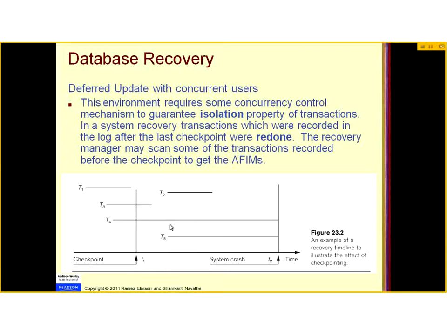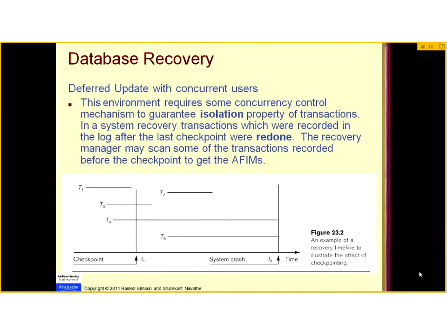We require some concurrency control mechanisms as well, because in case of concurrent users, we want to ensure the isolation property of transactions as well. In system recovery, transactions which are recorded in the log after the last checkpoint are redone; the recovery manager may scan some of the transactions recorded before the checkpoint to get the after image.